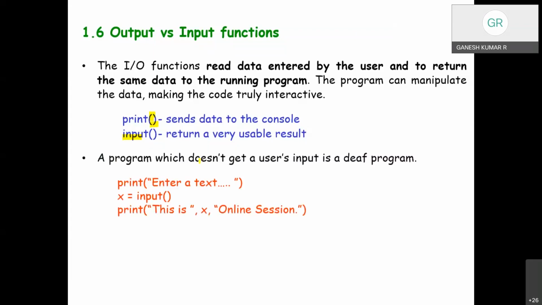Now, virtually all programs read and process data. A program which does not get the user's input is simply called a deaf program, which means an unused program. If your application has no use, then what is the point in developing, writing, and implementing it?